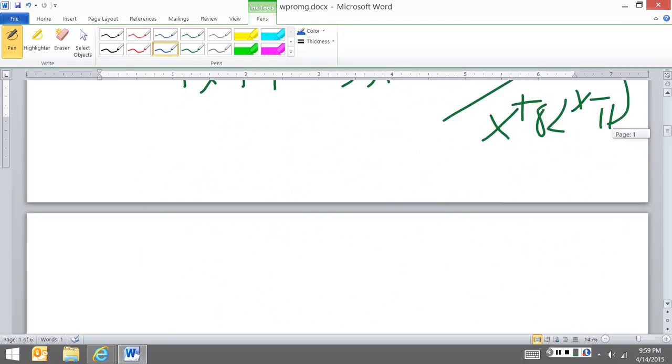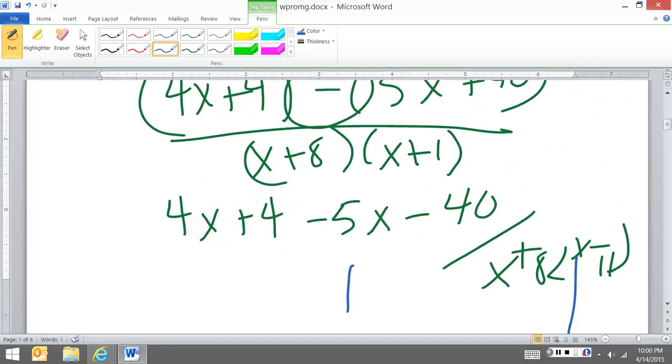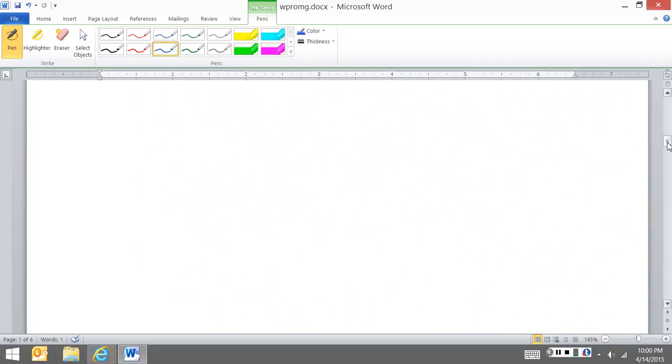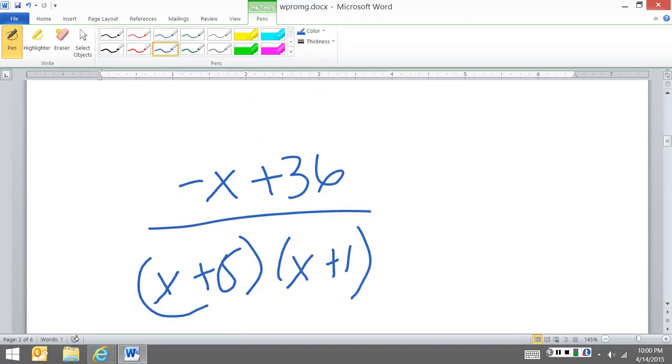So I have negative x all over x plus 8. I look at this, well I could take a negative 1 out of here, but that's not going to match up in any way to this denominator. So I'm just going to leave this as is, and this is my final answer.